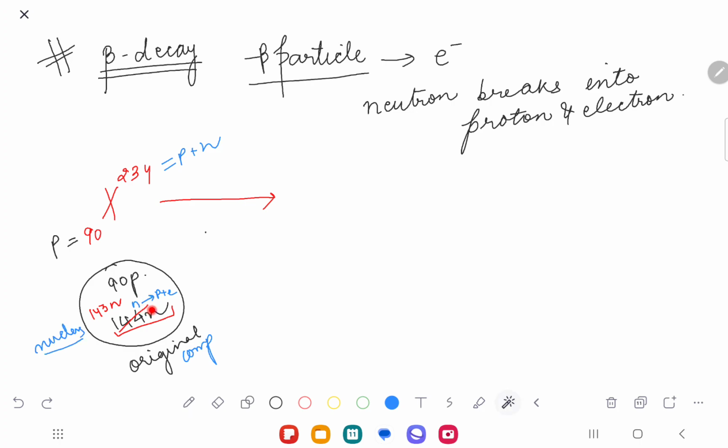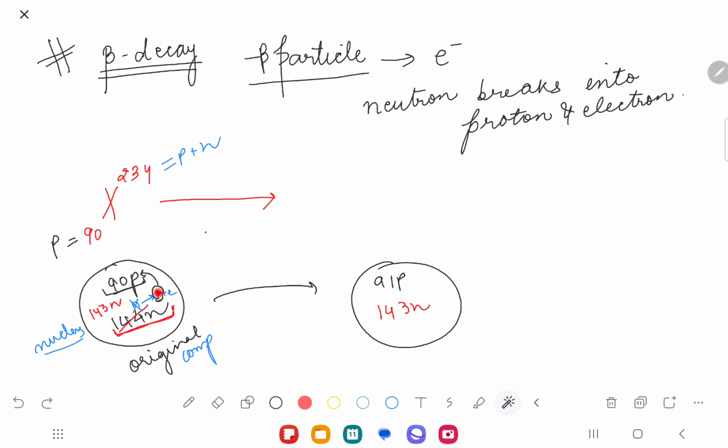So in the nucleus itself, you can see one neutron has been consumed. One neutron, this blue neutron, has died, broken down, and produced one extra proton. So 90 protons were already there, and one proton has come up now. So basically, now I have 91 protons and 143 neutrons left, because out of 144 neutrons, one neutron broken down into proton and electron.